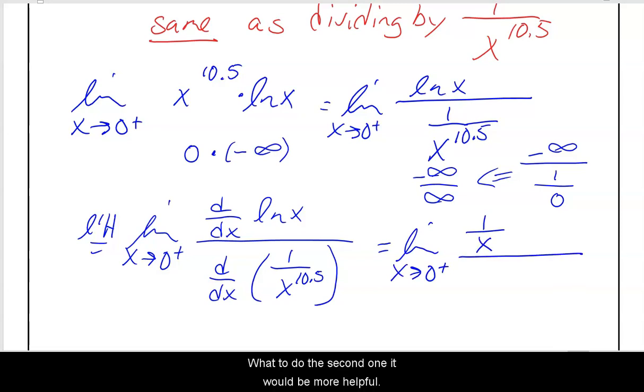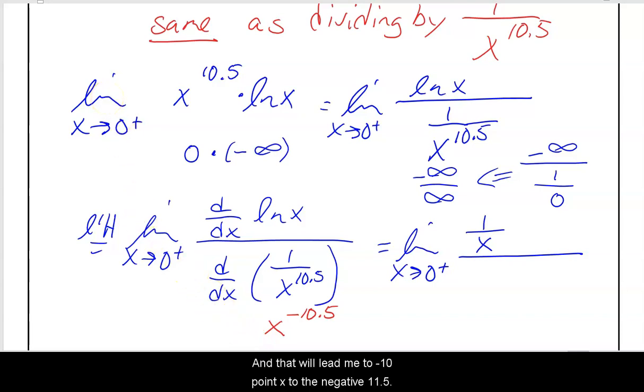But to do the second one, it would be more helpful to think of this as x to the negative 10.5 power, since a negative would put it down in the denominator, right? So when I apply the derivative to this, I'll use the power rule from this form.